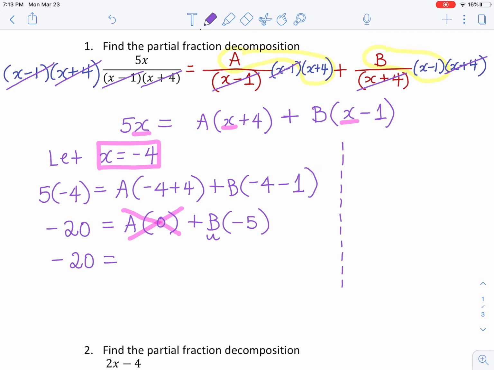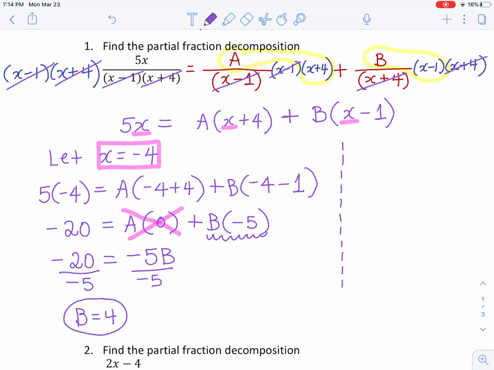If I rewrite B times -5, that's going to be -5B. You can divide both sides by -5 and you get the first answer: B equals 4. Circle that.